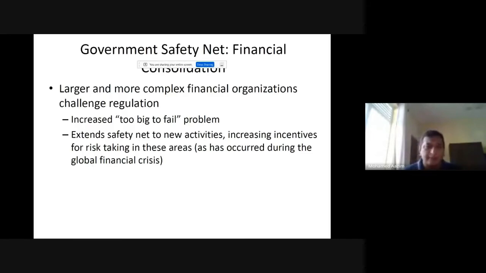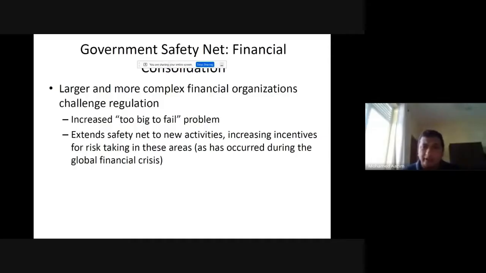What happened here is you have created new activities and pooled them together. And as a result, the safety net has been extended to activities which were not falling under the safety net previously. So you further increase incentives for risk taking by these agencies.